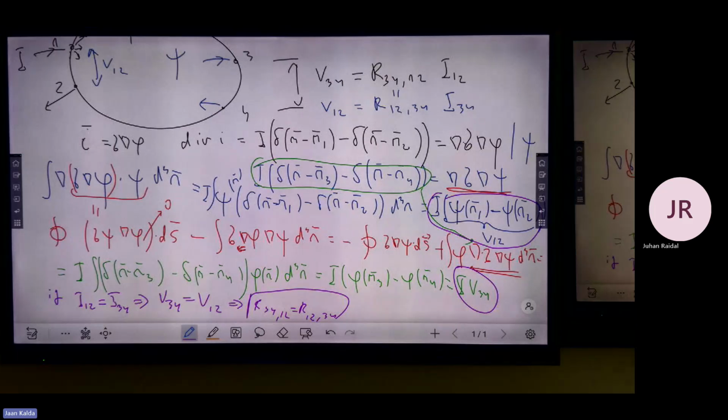Johan, maybe you know. Something similar to this reciprocity that I have here in some other case in physics. Jan, do you know anything? No, sorry. Okay, that's okay too.